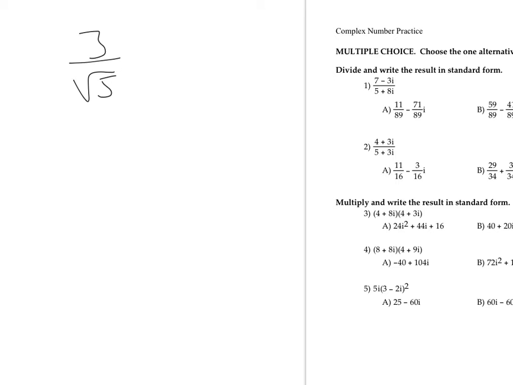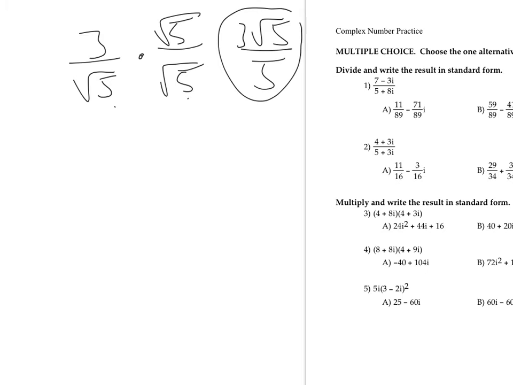It was hard to calculate with. So what we used to do is rationalize it by getting rid of that radical. We'd multiply the fraction by a form of 1, which root 5 over root 5 does, and that would be 3 square roots of 5 over 5, because square root of 5 times square root of 5 is 5. So that put a rational number in the denominator, 5.